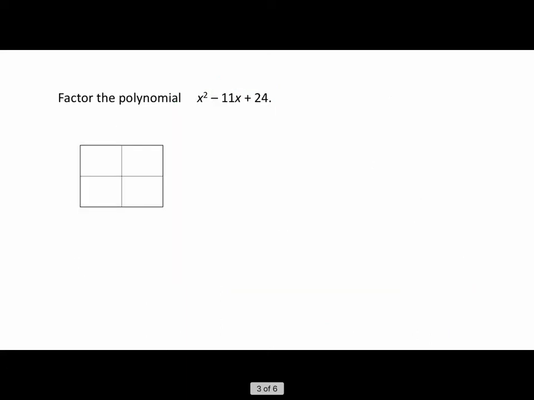Our next example, we want factors of x squared and positive 24, such that the sum of the products of those factors is negative 11x. So the only factors that we can have for x squared is x times x, same exponent.